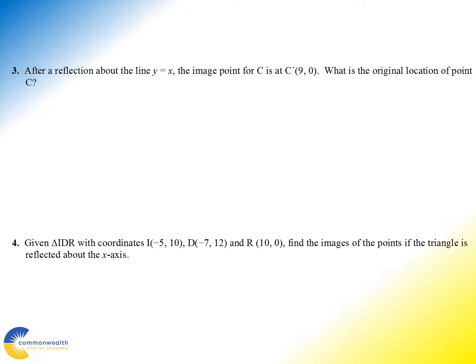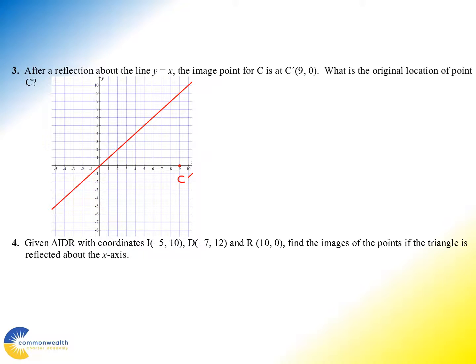After reflection about the line y equals x, the image point for C is at 9, 0. What's the original location of the point? Well, when I do a reflection around the line y equals x, what essentially happens, and we're saying the image is right down here, all that really happens is that I interchange the x and y coordinates.